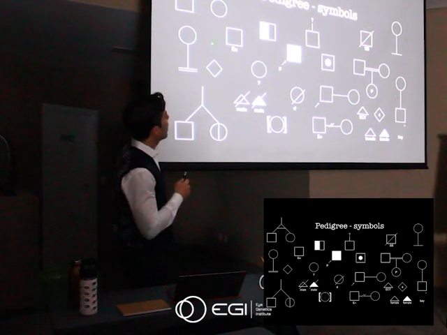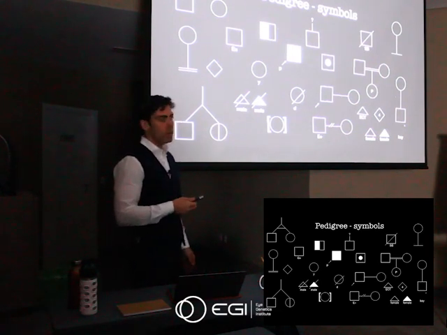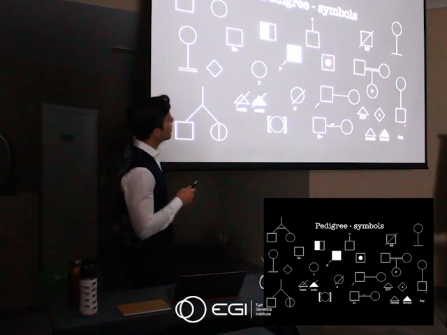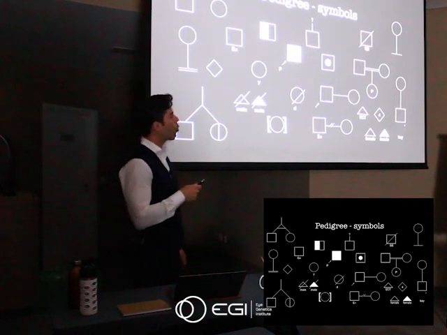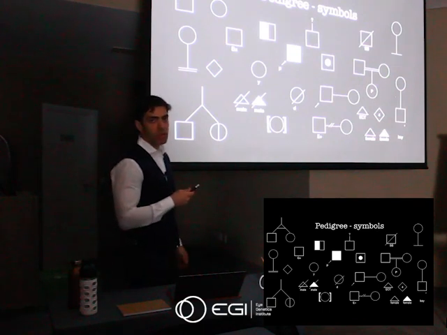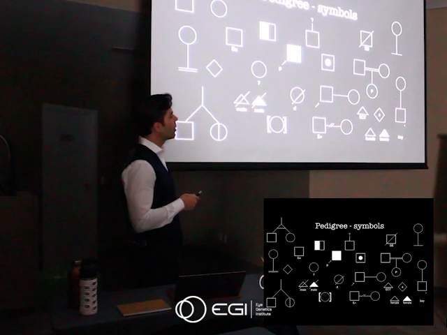Here we have what we call a situation where we have a heterozygosity without a disease. Here, when we have a square or a circle with a full color inside, it means that it is an affected individual.